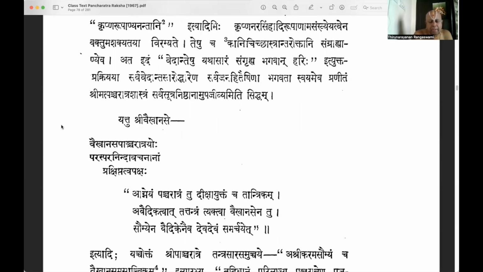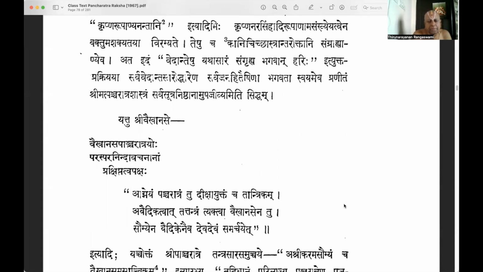Even the blind man Dhritarashtra, Karna, Arjuna, and I think some more people also. So Krishna Rupani Anantani, endless are the forms of Lord Krishna. Ityadibihi. Again, it must be a quotation from some book. So Krishna Narasimha Adi Rupanam Asankhyayatvena Vaktum Ashakyataya Viramyate.